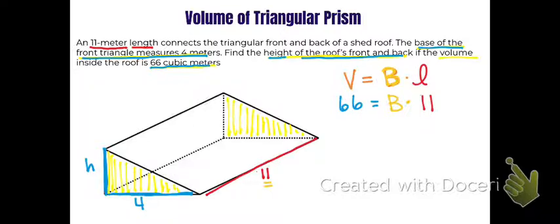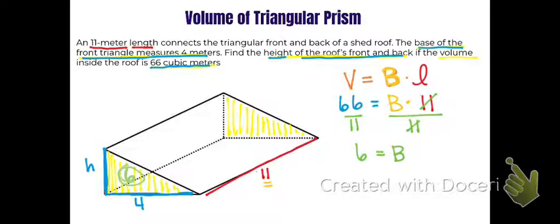So let's solve this. I'm going to undo this multiplying by 11 by dividing by 11. And I can see that the area of the bases is 6. So the area of one of these triangles is 6.